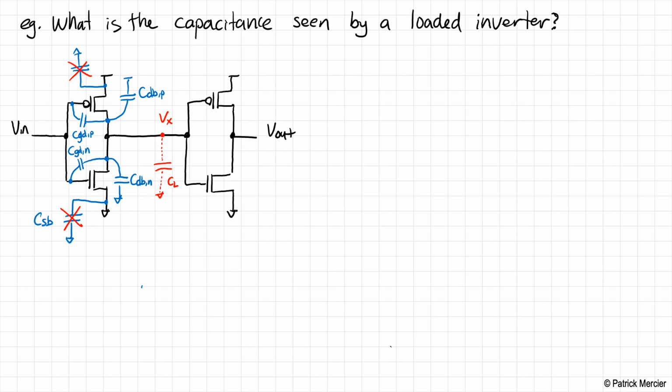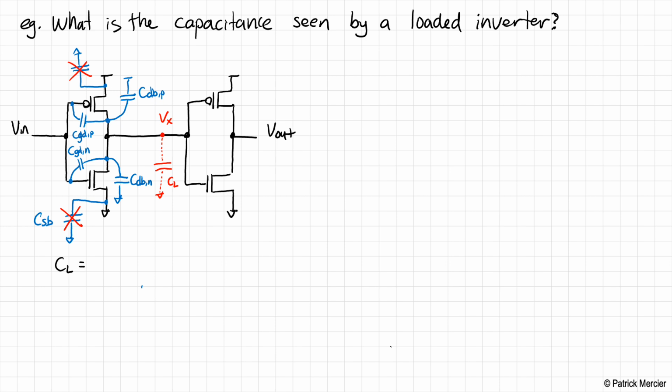Now, of course, we have these same capacitors on the subsequent inverter as well. Okay, so first of all, we can perhaps start writing down the answer. CL is going to be equal to what? Well, we definitely have the CGDs of the first transistor that are coming into play here, and we have the CDBs.